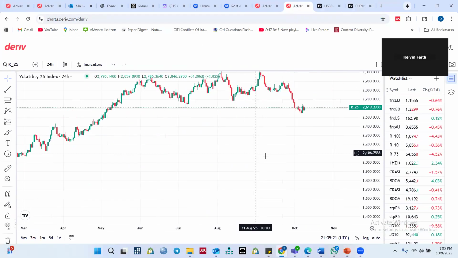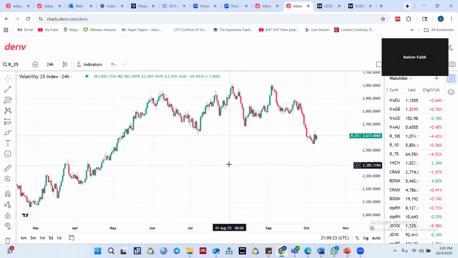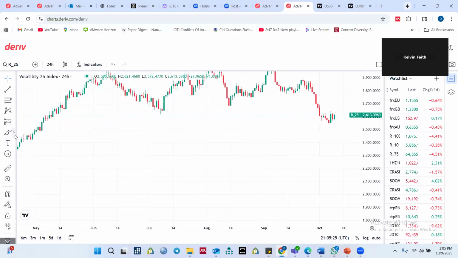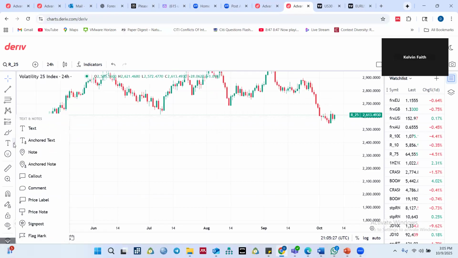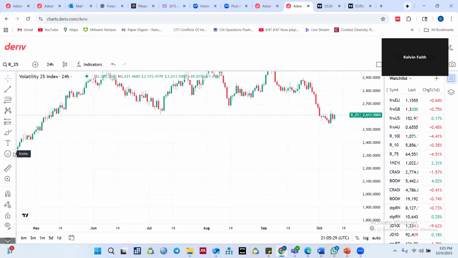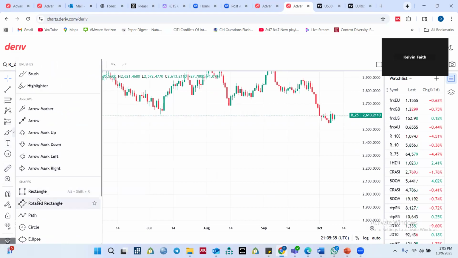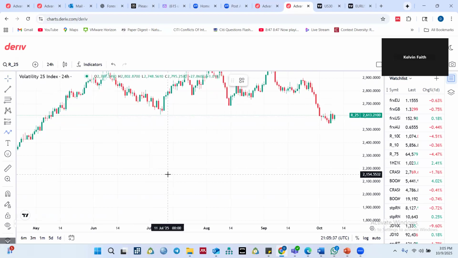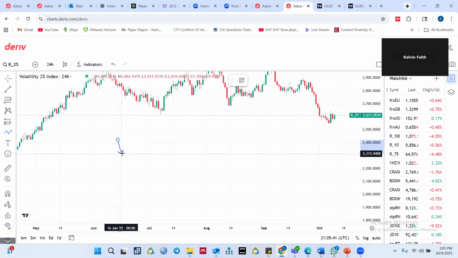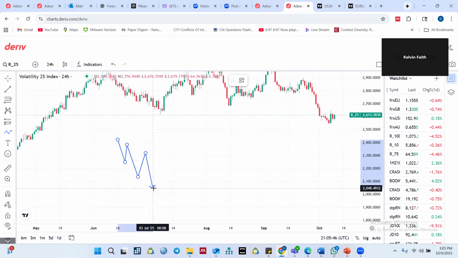Let me take this clean chart here. Let's say we are on this pair. Good. Let's say we are here. Price, we come from up, come down, go up, down, up, down, up.